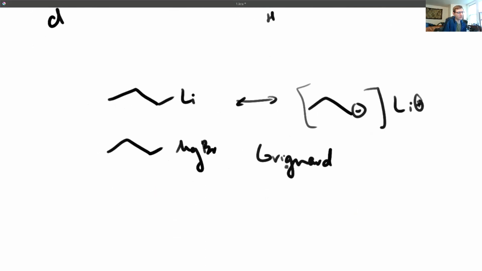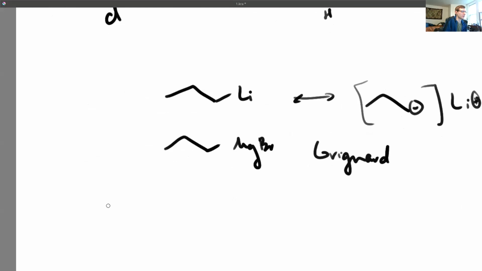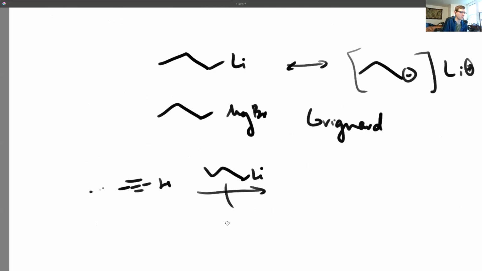Yeah, so if we have either of these two, they could do the same thing, right? So first off, they could take this terminal alkyne and they could deprotonate it, right? So this is a really common reagent. So this is butyl lithium.